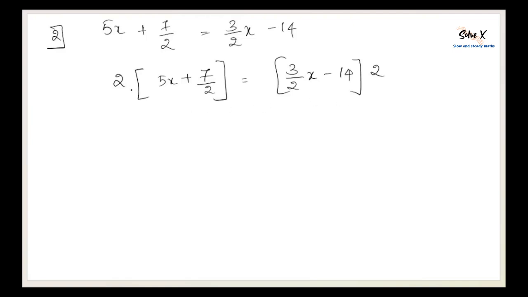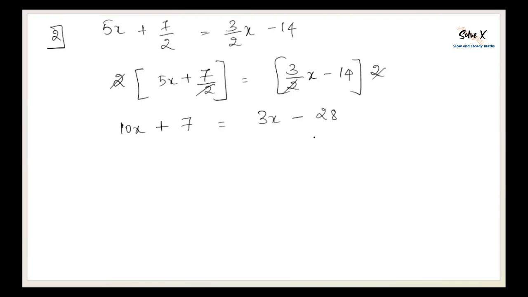Whatever function you do on one side has to be done on the other side to balance the equation. So I'll multiply it. 2 into 5x is 10x plus 2 into 7 by 2 is 7, is equal to 3 by 2 x into 2 is 3x. So 2 and 2 cancel. Minus 14 into 2 is minus 28.